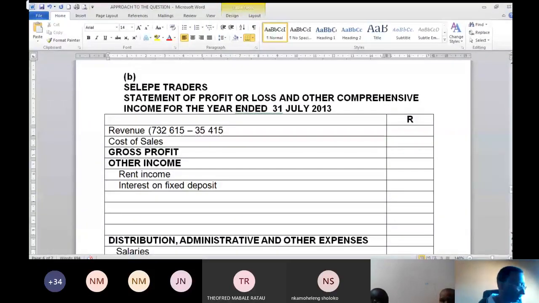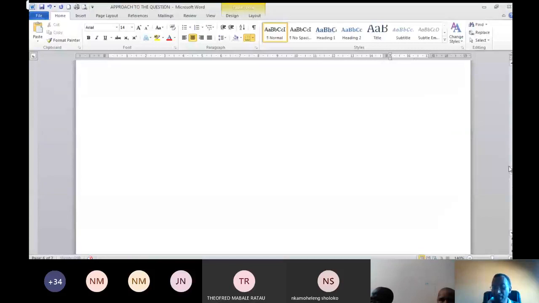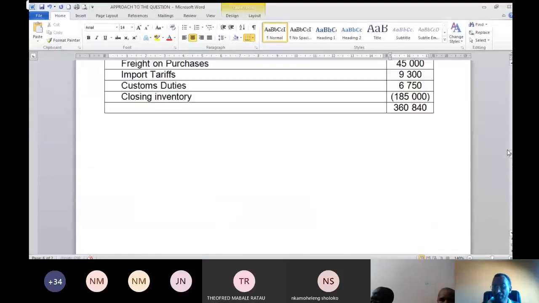Then we have settlement discount granted. Subtract your settlement discount granted of 3,300. And your net sales is the amount of 693,900. Remember now, guys, the sales, the revenue amount is sales minus sales returns minus your settlement discount granted.